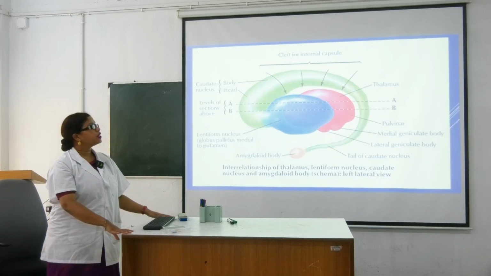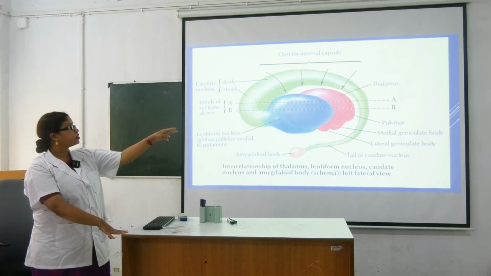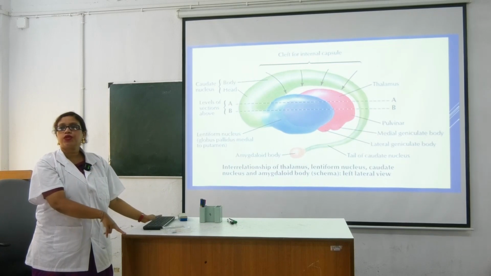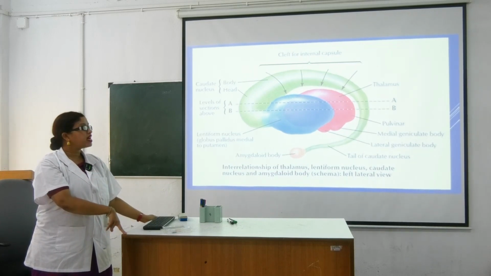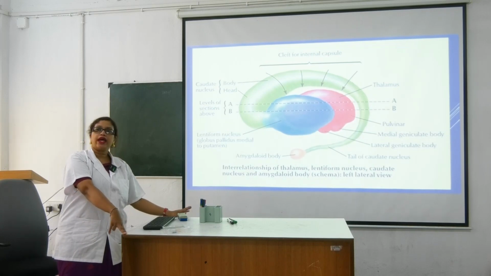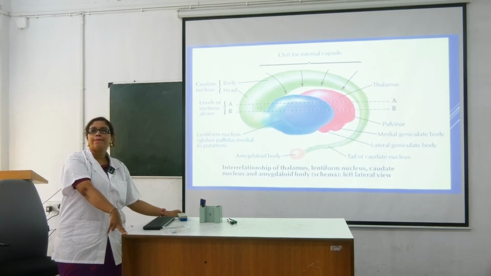Additionally, you could see two or three structures. Which three structures do you find at the back of the lentiform nucleus? One is known as the pulvinar, another is the medial geniculate body, and the lateral geniculate body. Now you are aware of these two bodies, right? Medial geniculate body is for which pathway?